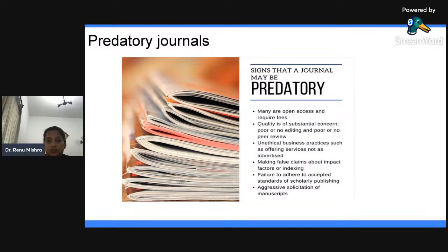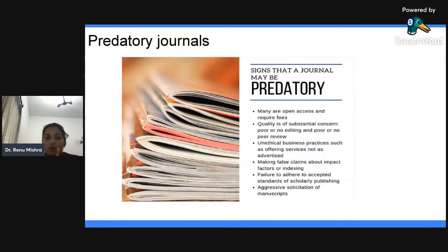Now, what are predatory journals? Basically, you can easily say that these are the journals which are fake, or they claim to be of high quality, or they claim to be good journals, but they are not. So, how to identify that one particular journal is a predatory one? It's very important for all of you to know that. See, many of the journals which we say are predatory, firstly, they are open access.